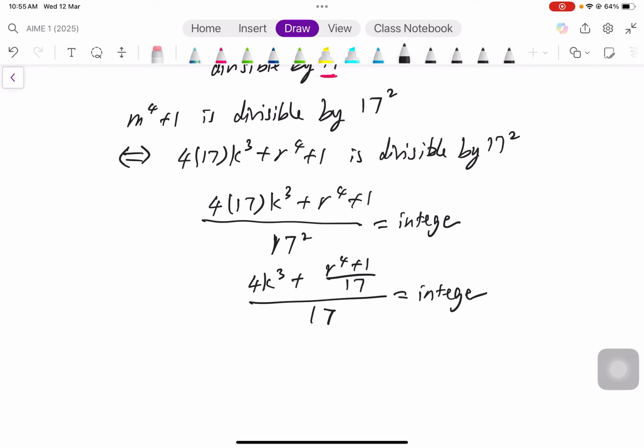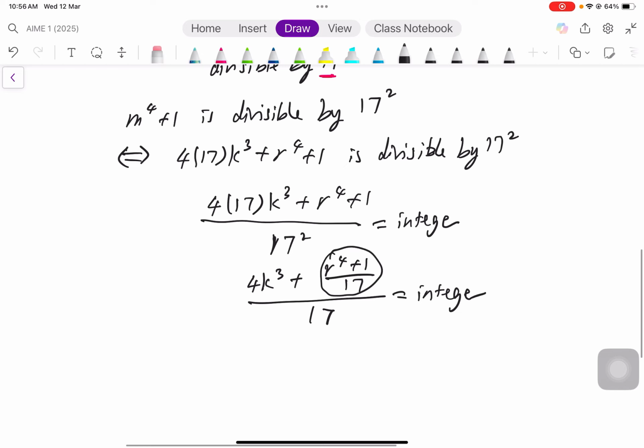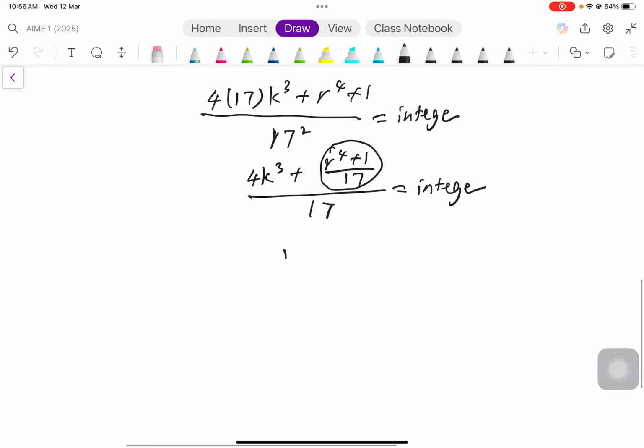That means r to the power of 4 plus 1 is congruent to 0 modulo 17.